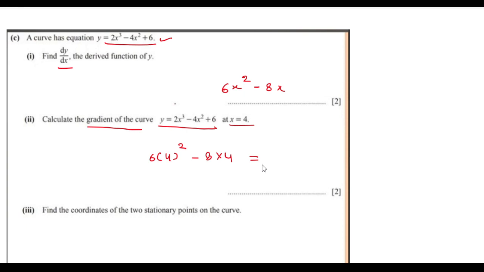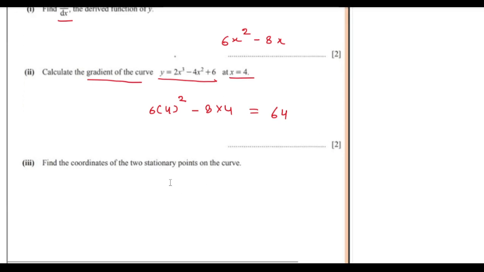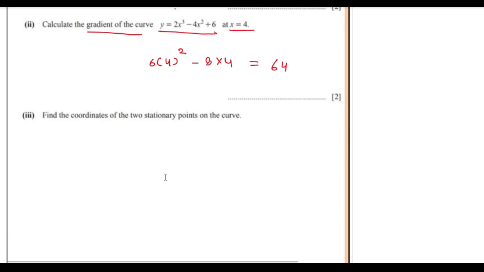Let me use my calculator. 6 times 4 squared minus 8 times 4 is 64. 64 is your answer.